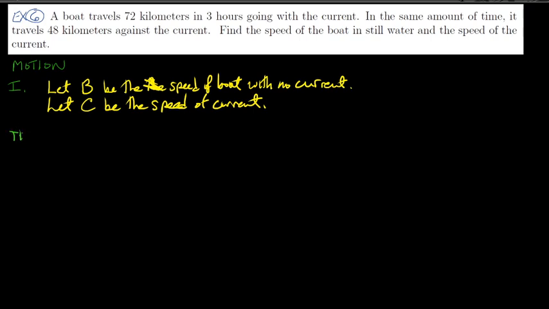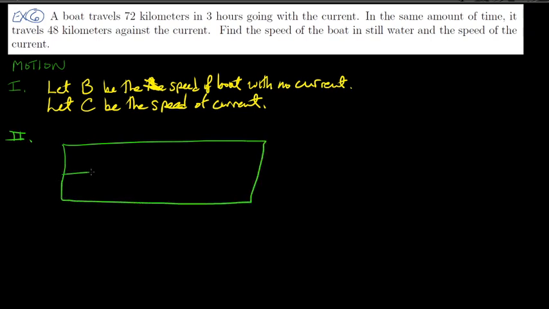Step 2, table. Just make the table here. Even if you don't think you need it, it doesn't take that long. So this is, again, speed times time equals distance for motion problems.